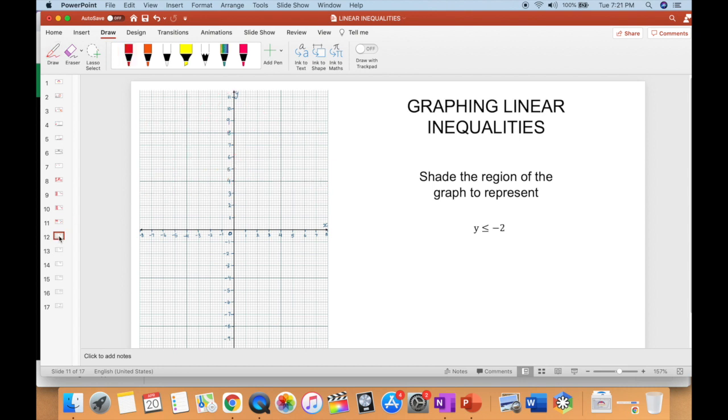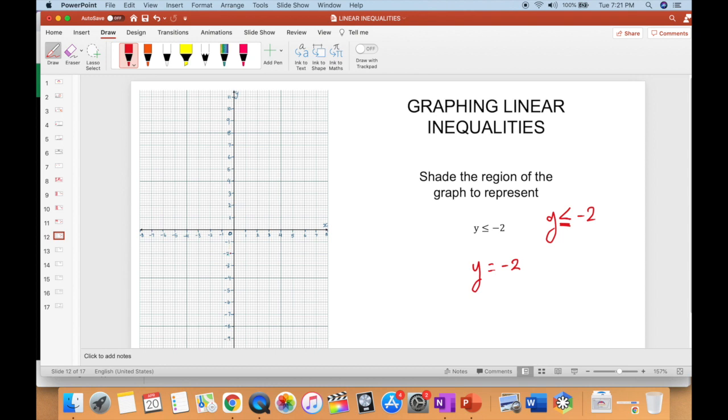So moving on. Now we have the inequality y is less than or equal to -2. Again, the first thing I will do is draw the line y is equal to -2. But you notice it has the less than or equal to, so that means it includes the -2. That means I will use a solid line this time.